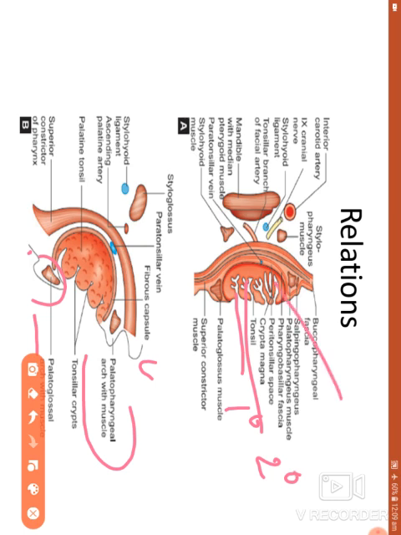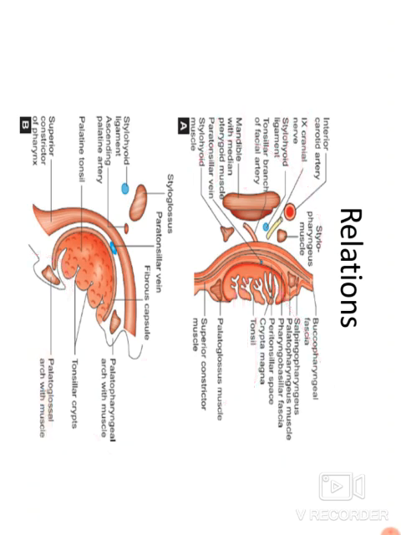This is the crypta magna. These are the structures forming the tonsillar bed. There you can see the glossopharyngeal nerve, branches of the facial artery, the medial pterygoid muscle, and the internal carotid artery. These are important structures over the lateral surface.